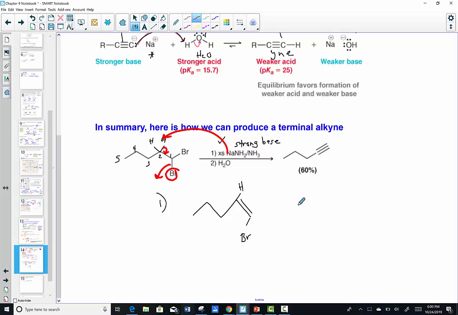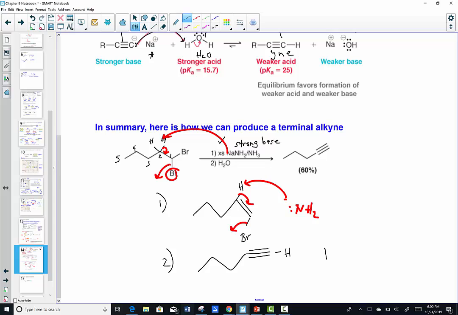Now in your second step, that next strong base, the next equivalent, reaches out and abstracts that proton. The bond collapses and the leaving group leaves. So at the end of the second mole, or the second equivalent, we have a triple bond. And this has a very acidic proton.